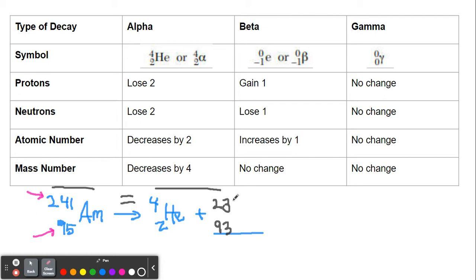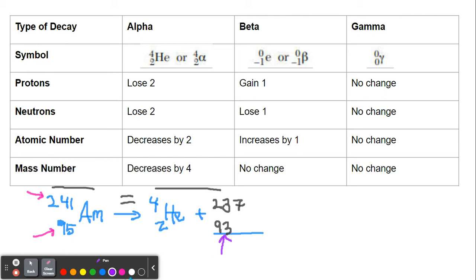Oh, it's so terrible, and I apologize. 237 is the new mass number that this americium has changed into. So then I'm going to look at my periodic table to figure out what element I have. And I'm always going to look up the atomic number, the smaller one on there.